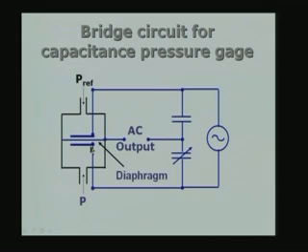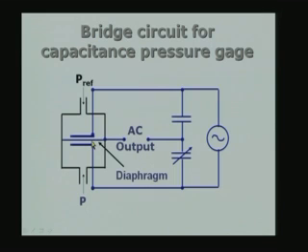The diaphragm plus the top plate forms one capacitor, and the diaphragm and the lower plate forms the second capacitor. There are in fact two capacitances here. One of them is subjected to the reference pressure on one side, and on the other side we have the higher or lower pressure which we want to measure.